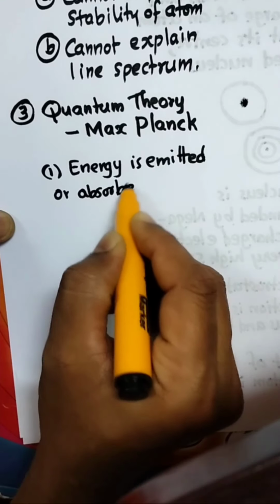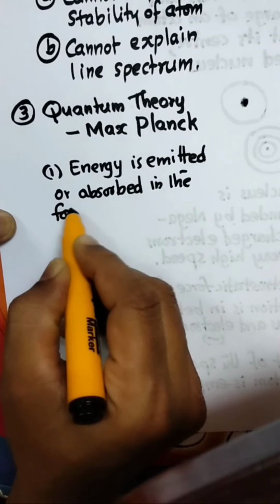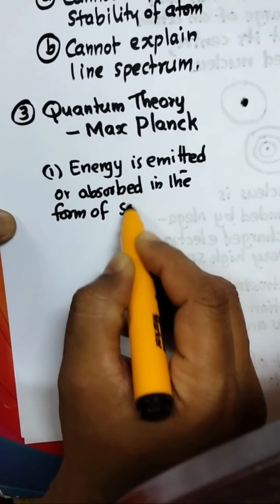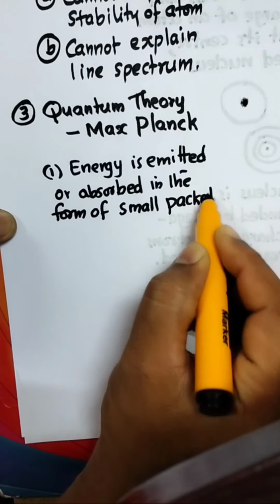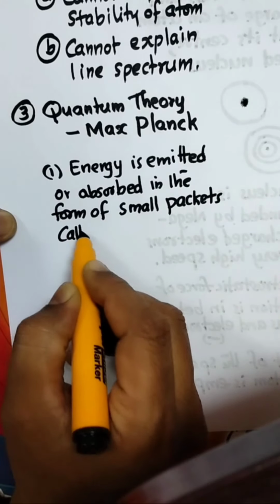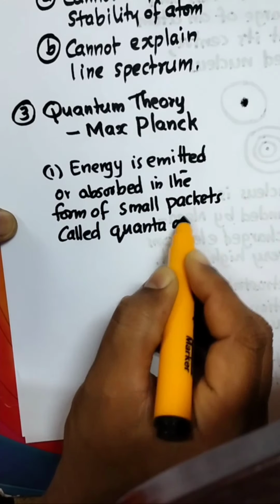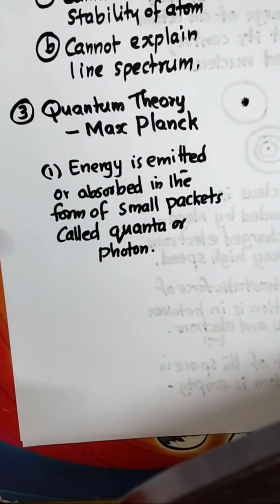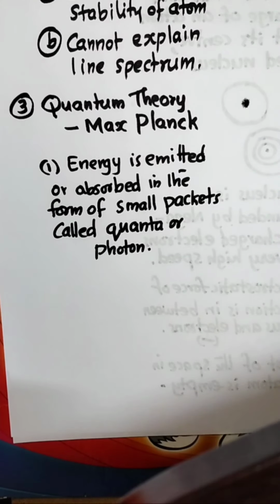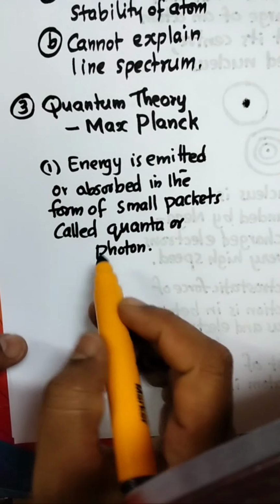First point, energy is emitted or absorbed in the form of small packets called quanta or photon.